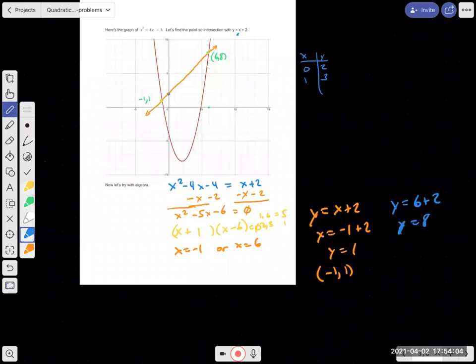Okay, so then you have the other point, 6, 8. And you could try them in your quadratic too, but I think, based on what we've seen, that looks like they would work. And so that is the problem that we had on that release form.